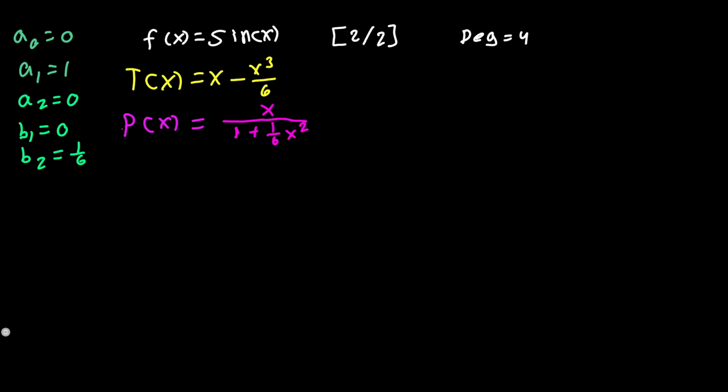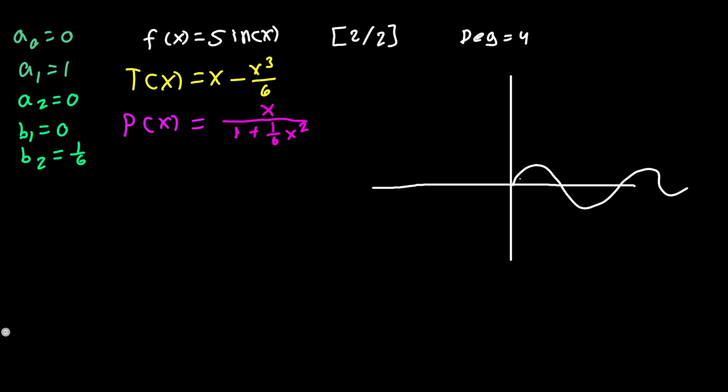Of course, if we look at the graphs again, we would see that our function for sine would oscillate forever, since it is a periodic function. And our Taylor approximation will look something like this, approximately.